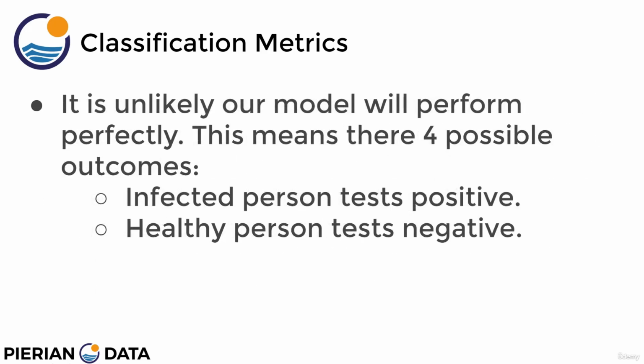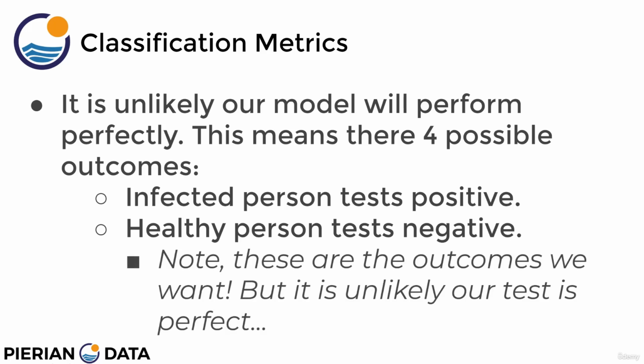Keep in mind, in the real world, it's unlikely our model will perform perfectly. That means there's actually 4 possible outcomes. The first is that an infected person takes our test and they test positive, meaning they do have the virus. The second possibility is that a healthy person takes the test and they test negative, predicting that they do not have the virus.